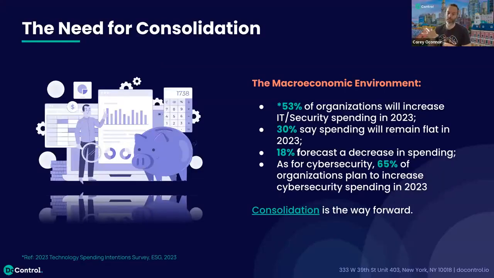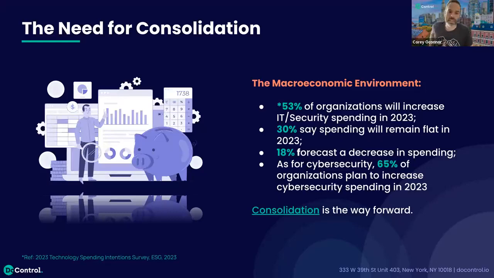And there's pressures that are driving the need for that consolidation. So from this ESG report, when you look at the macroeconomic environment, you've got about half the organizations saying that they're going to increase IT spend. You've got about 30% saying that the budgets will remain flat, and then at right around 20%, it's going to decrease. So you've got half the organizations where it's going to increase, half is decreasing, but a strong percentage will either remain stagnant or increase in terms of cybersecurity.